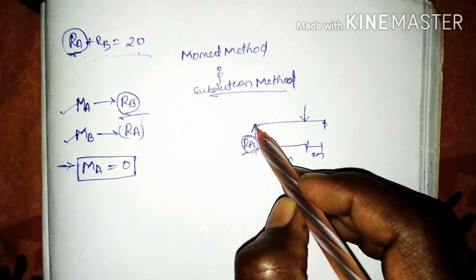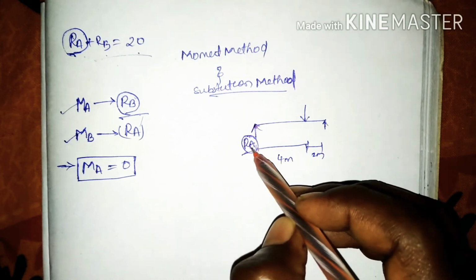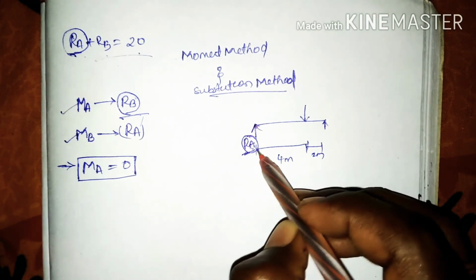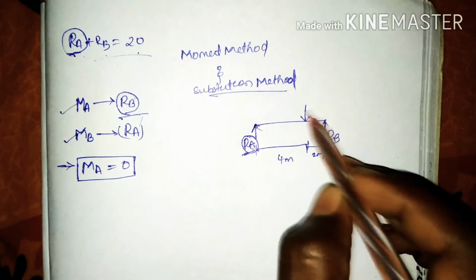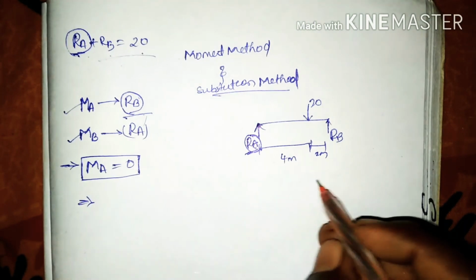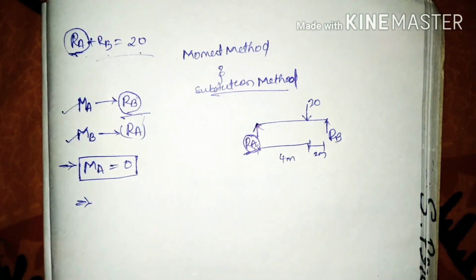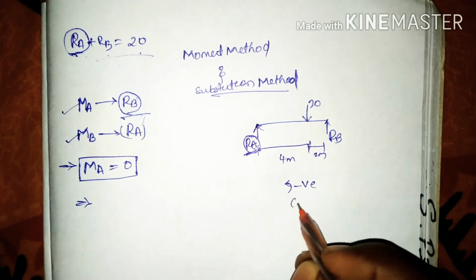I do not have any perpendicular distance to multiply with RA, so RA is going to be eliminated in this equation, and we have only RB and the load 20. That is equal to, we have a sign convention so that anti-clockwise is negative and clockwise is positive.